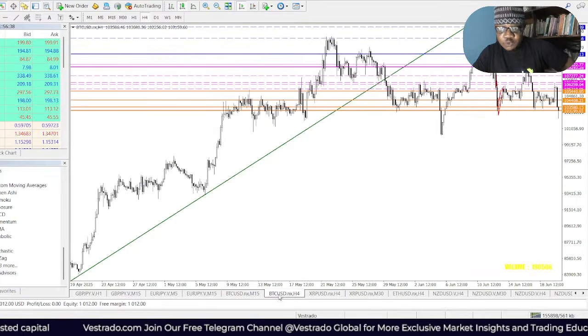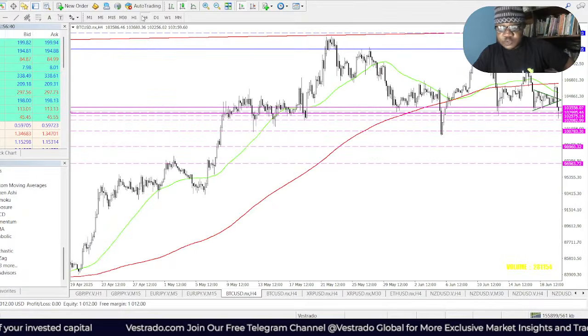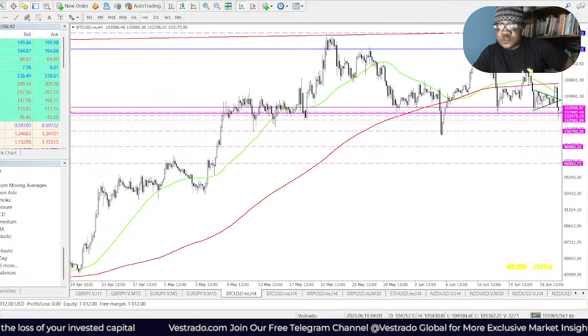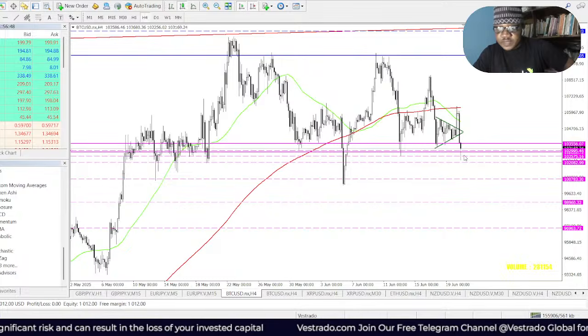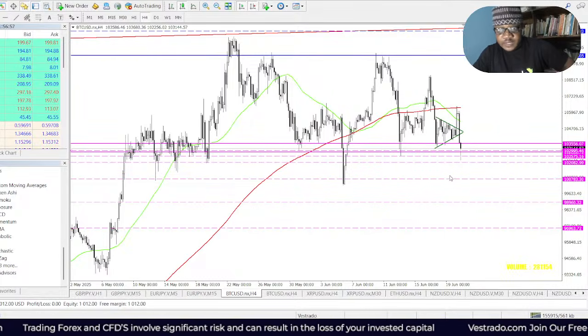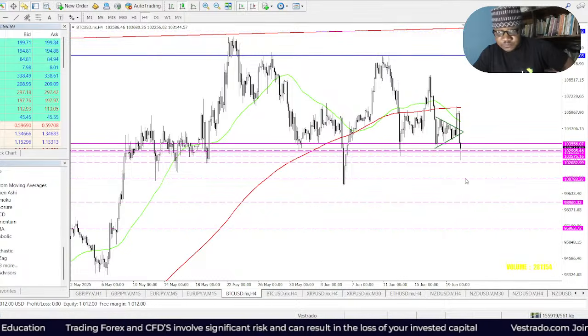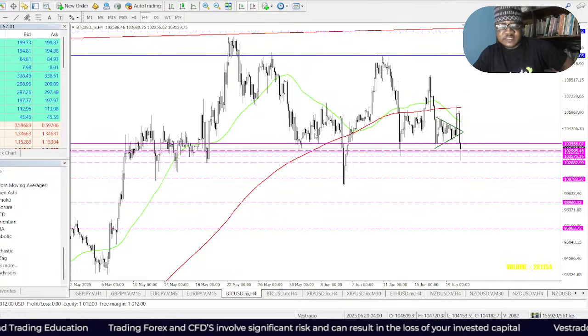Some advice on Bitcoin. What is Bitcoin looking like? Bitcoin seems to have captured our take profit levels, but it's formed reversal patterns. A break below 102995 could see price touch 102575. Break below that could see price touch 102082. And below that, perhaps 100783. Below that, 98960.